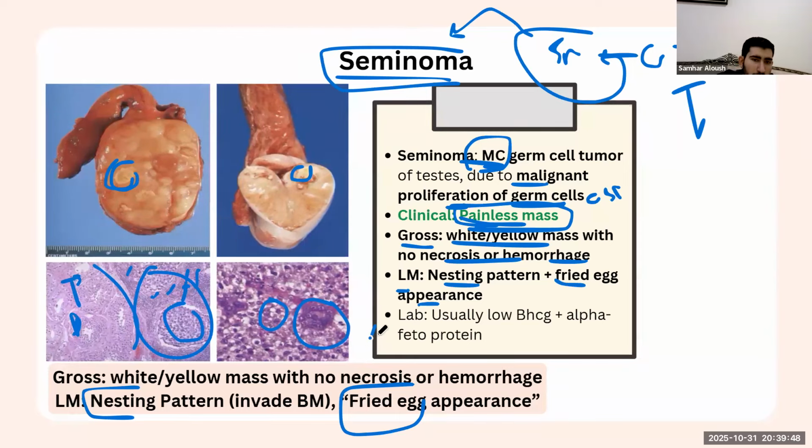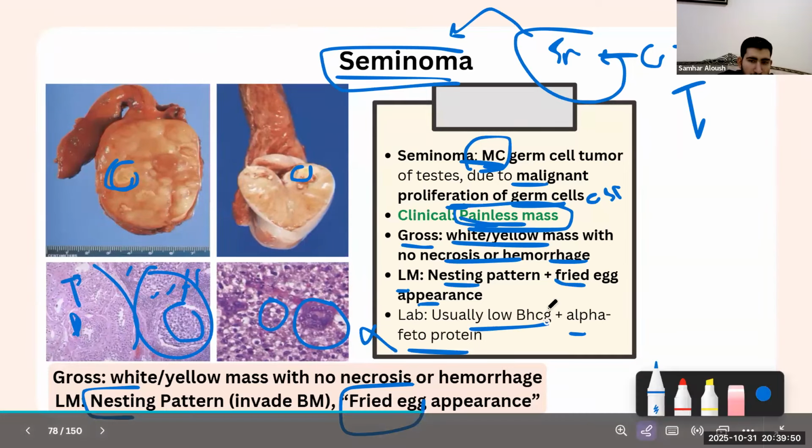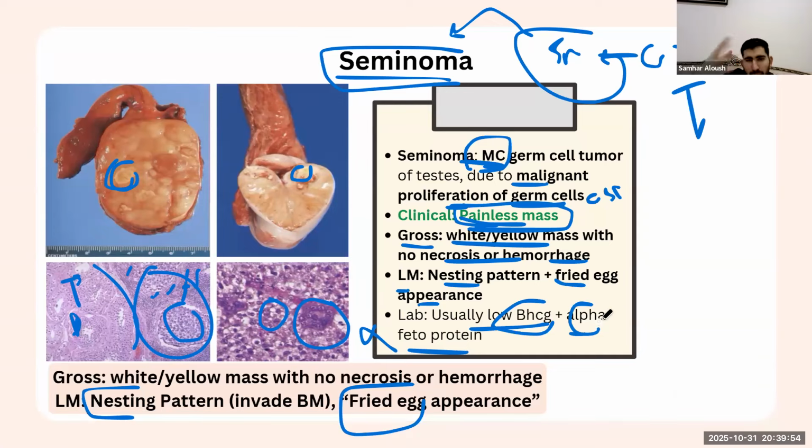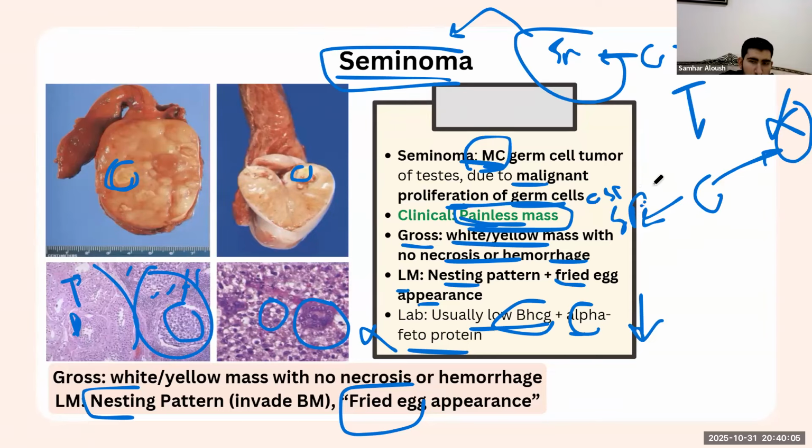In labs, I don't think it's important for seminoma, but everything is low. We have beta hCG and alpha-fetoprotein, which are related to pregnancy. They are low in seminoma because we said germ cells can be sperms and non-sperms. The non-sperms are the important ones for pregnancy. So if it became a sperm and we have cancer, which is seminoma, you expect the pregnancy hormones to be low because it's non-germ, because it's not related to pregnancy. But these are the important things in seminoma.